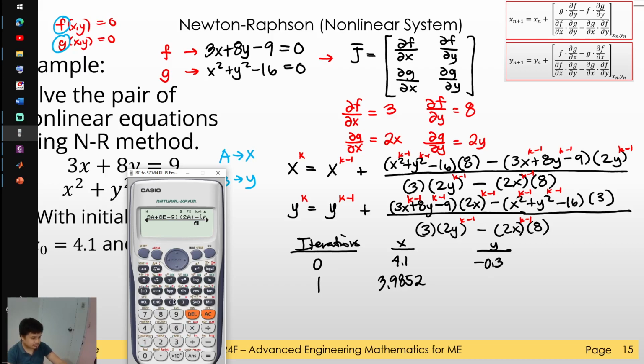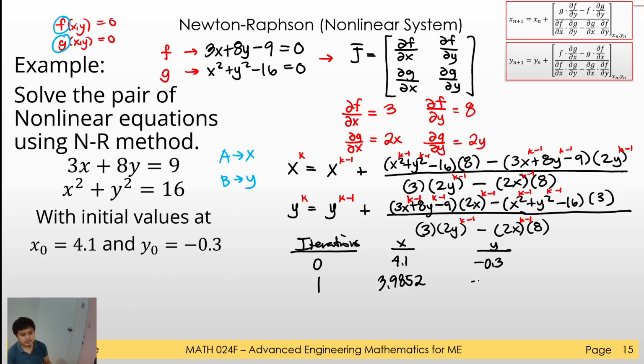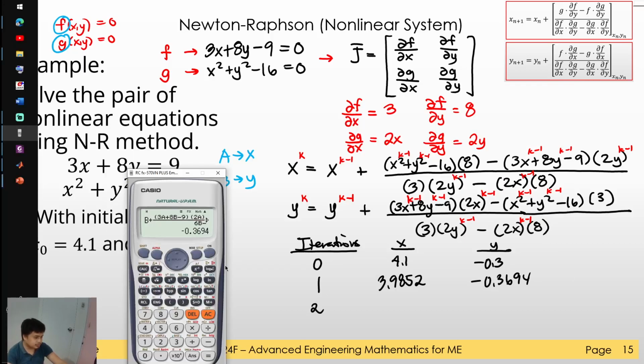And then we have 6b minus 16a. So calc and then substitute the previous values, no? So we will not utilize the most recent value of x. So negative 0.3 and 4.1 only. So we have negative 0.3694.